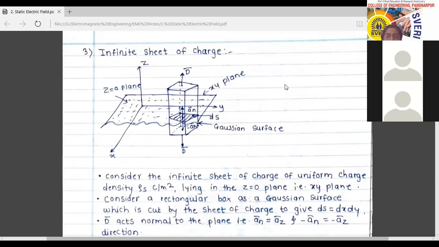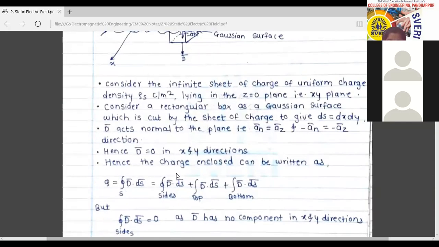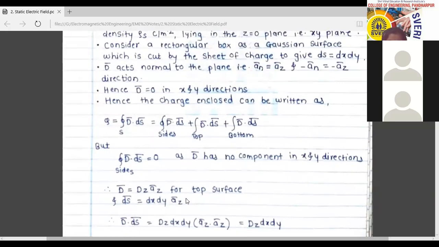Yes, plus z axis, correct. Therefore it is plus d z into a bar z, plus direction, therefore it is plus a bar z.